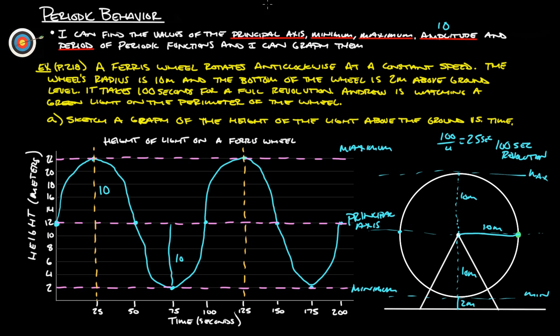The principal axis in this case is 12. Minimum was 2. Maximum is 22. And then the period is how long it takes something to repeat. We knew already from what it told us in here that the period is 100 seconds. In the next few lessons, we're going to look at what we can do with all that information to actually write an equation for this.